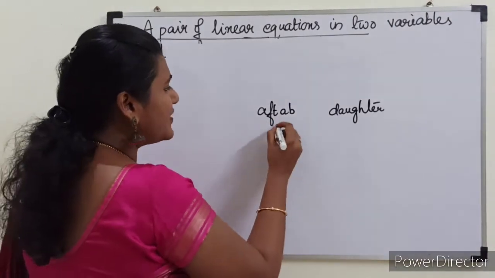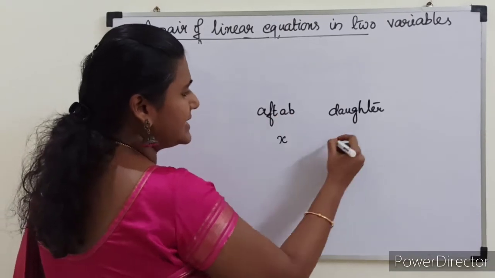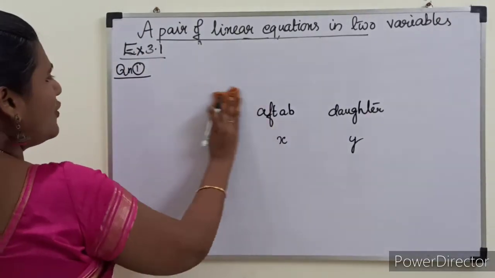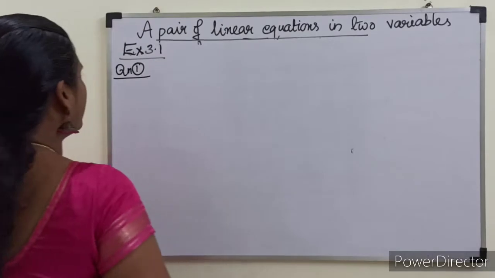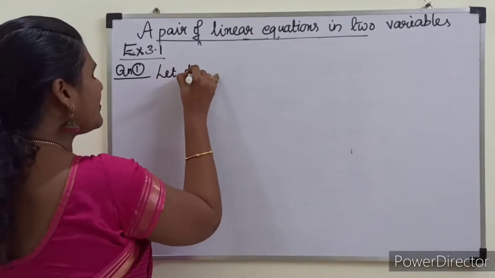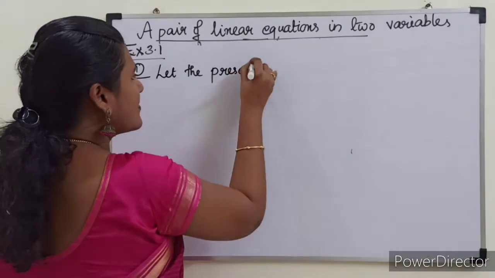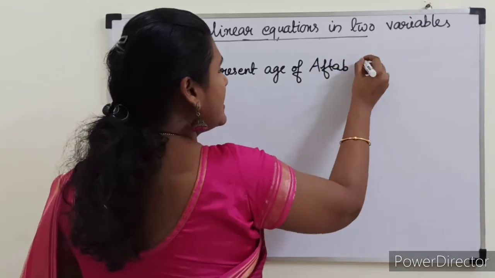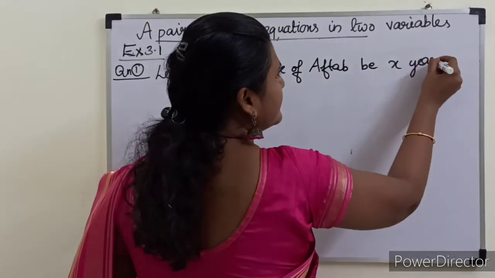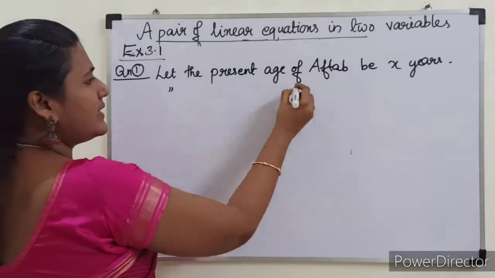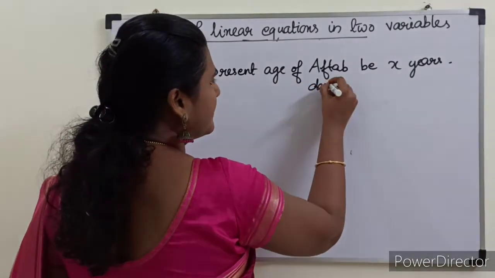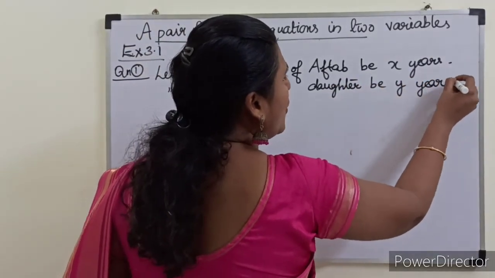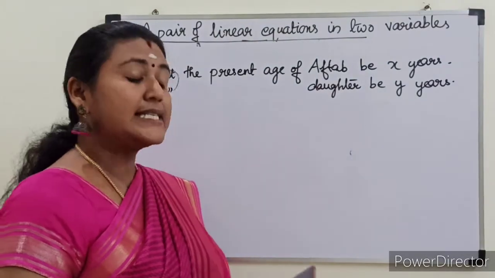So we will take Aftab's present age as x years and the daughter's present age as y years. Let the present age of Aftab be x years, and the present age of the daughter be y years. Now what is the first condition given? 7 years ago.